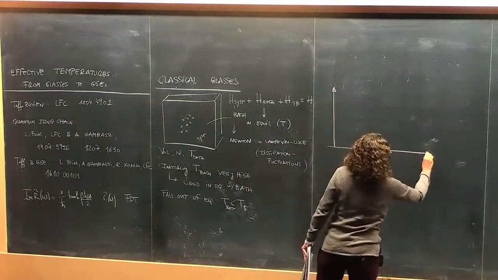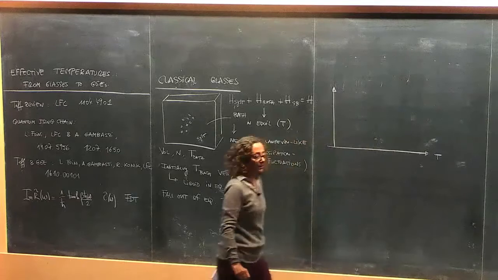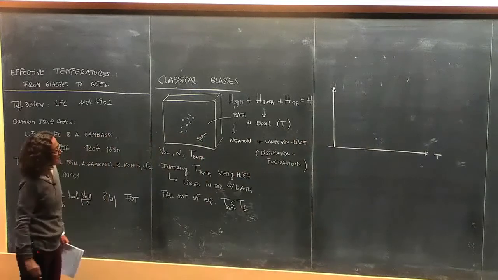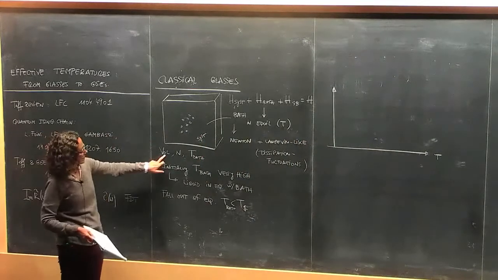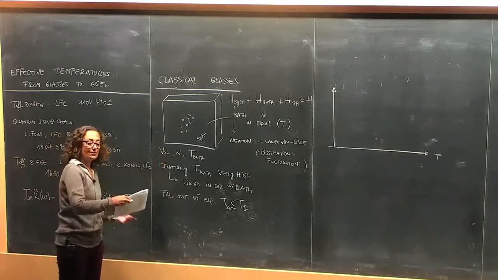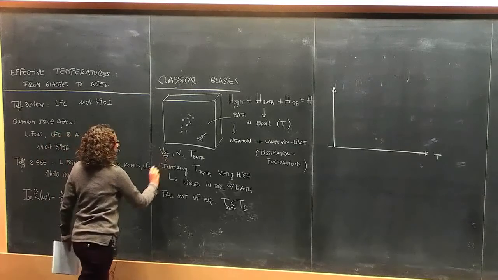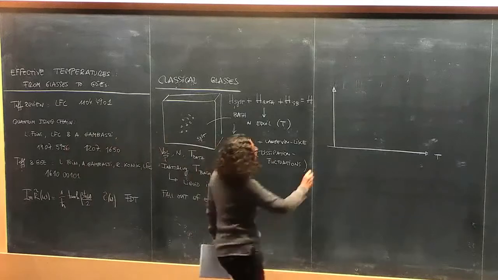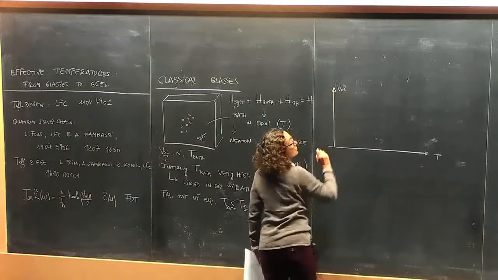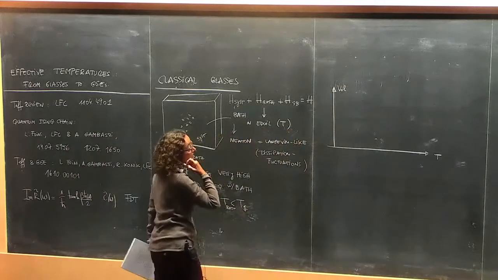One way, which is the typical one that you can see in all the reviews that deal with glassy systems, is to work under conditions in which the volume is not fixed, but it's the pressure which is fixed. And then the volume of the sample is controlled as a function of temperature.